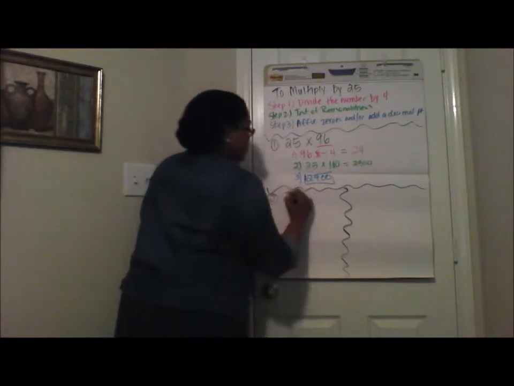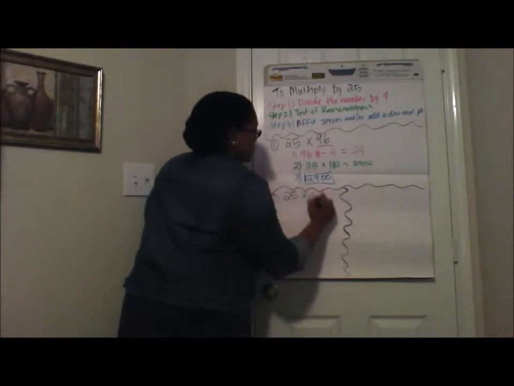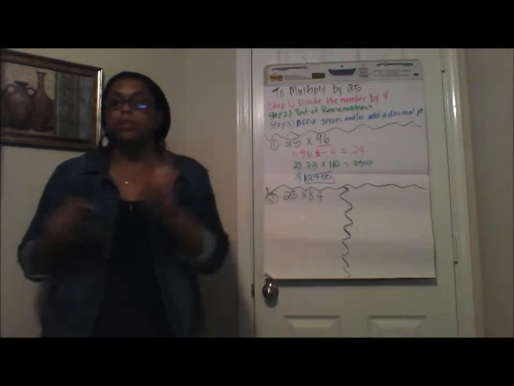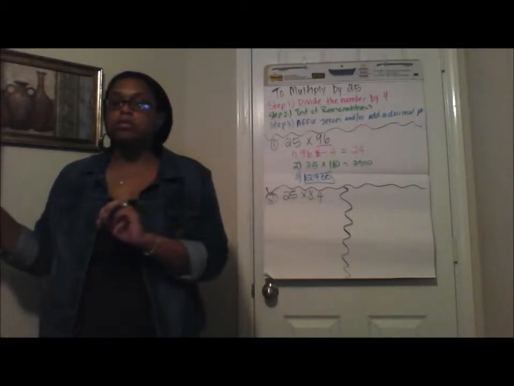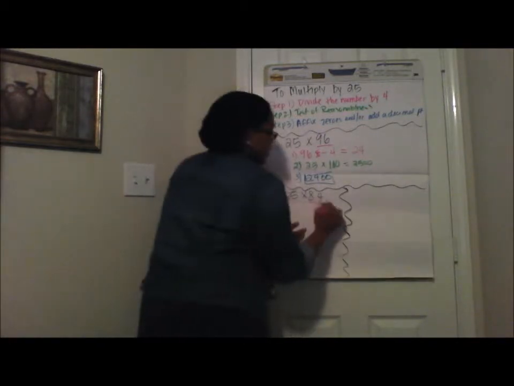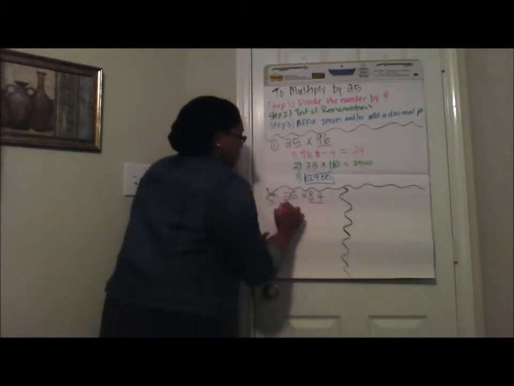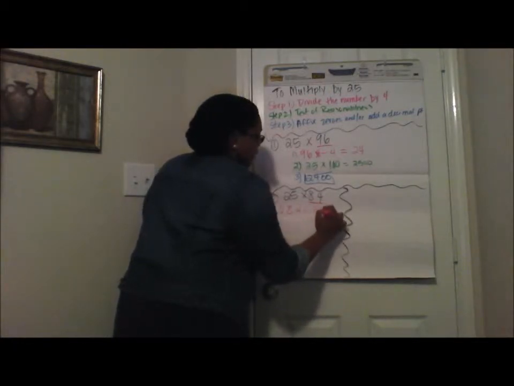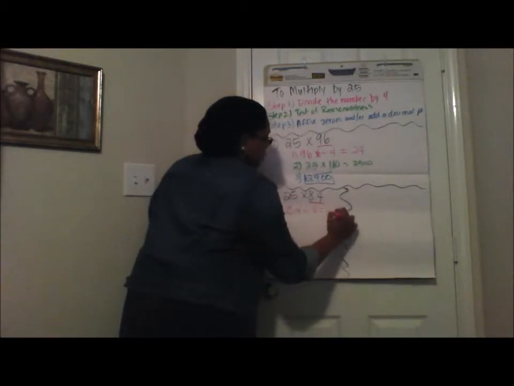What if I had 25 times 8.4? Well, I'm still going to follow the same 3 steps. Step 1 tells me to divide the number by 4, and again that means the non-25 number. So I'm going to do 8.4 divided by 4, and that's going to give me 2.1.